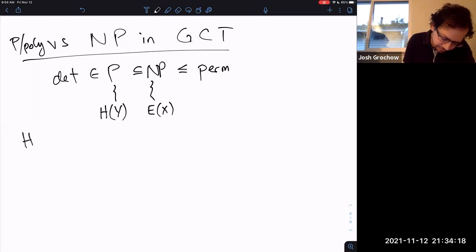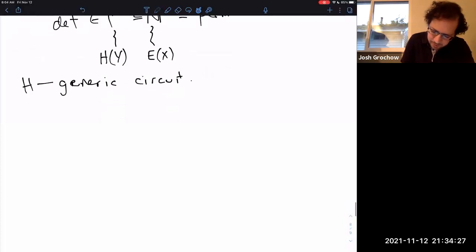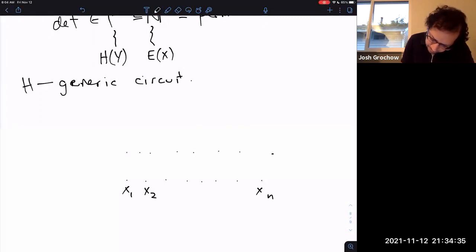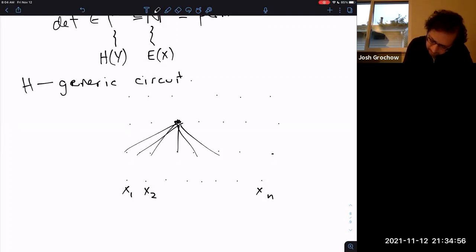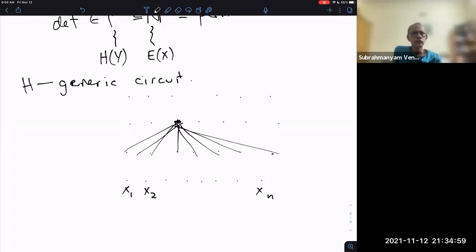So what is this H? H is like a generic circuit. What it looks like is you have some inputs, x1, x2, ..., xn, and you have a layered circuit. Every node here is actually connected to all nodes in the previous layer, but with some weights.